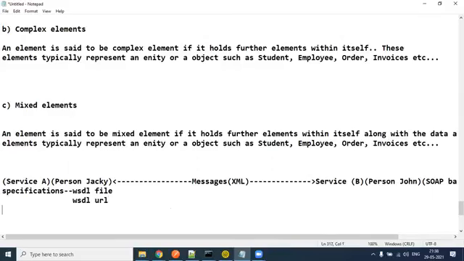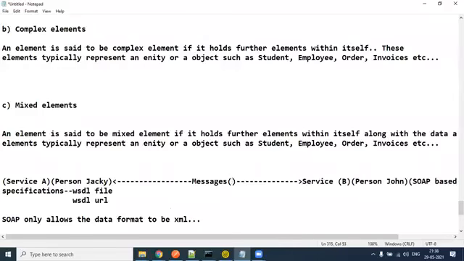Now, one important thing is SOAP only allows the data format to be XML. So this is a catch with SOAP. So in this case, can we use JSON? No. Typically, we can't use it.